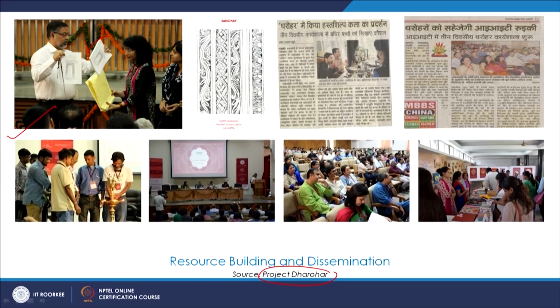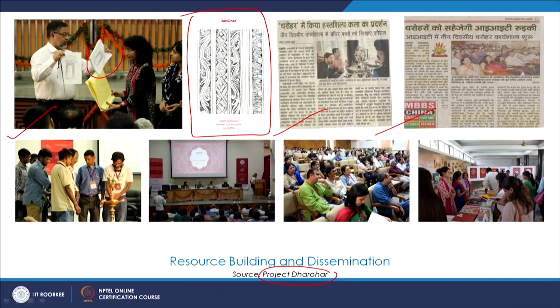There was also a launch of this monograph which has significant information about the building crafts of Almora specifically, and then it is disseminated through newspapers. A lot of people get to know about such events, then they contact us, and then there are collaborations and people join in, they work together.